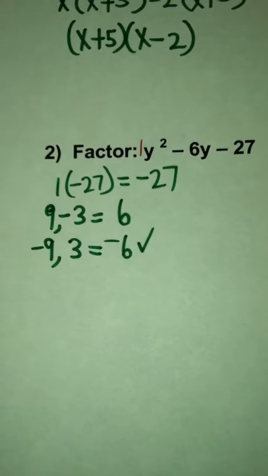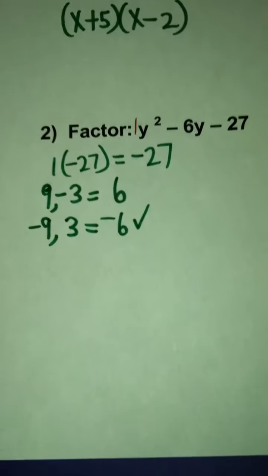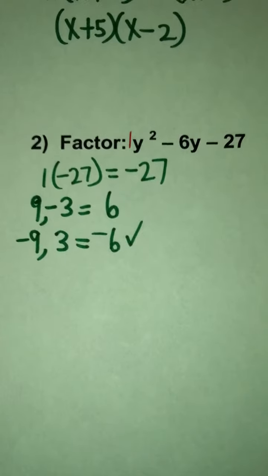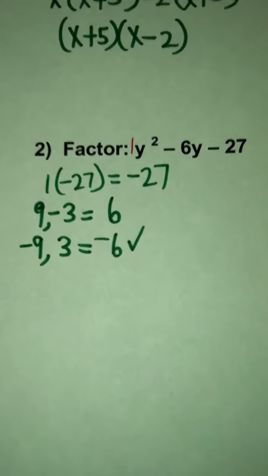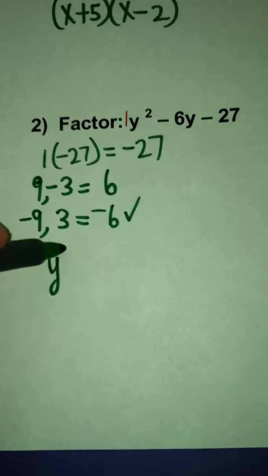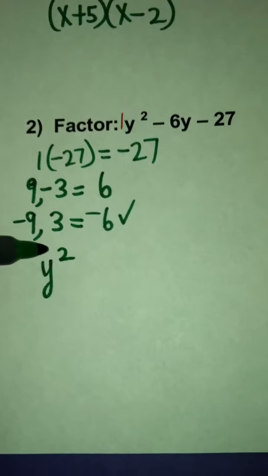We found the right pair of factors, so the next step is to rewrite the middle term using negative 9y and 3y. Okay, so we'll rewrite the middle.